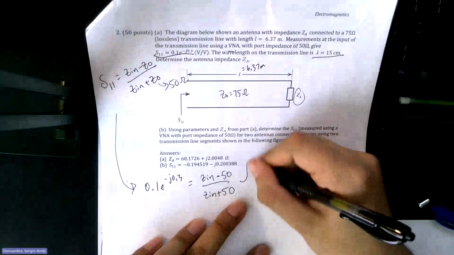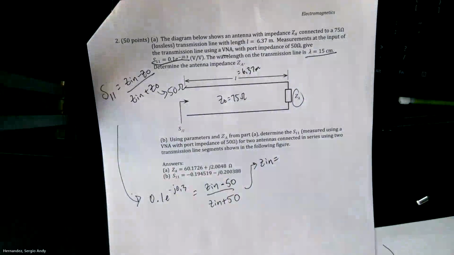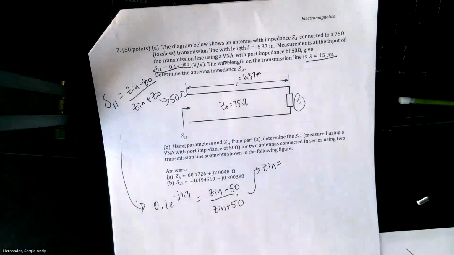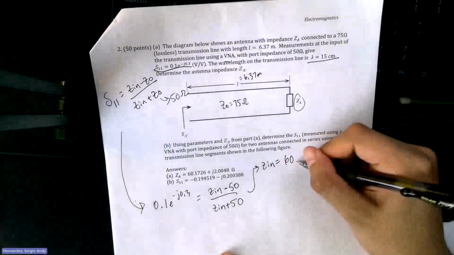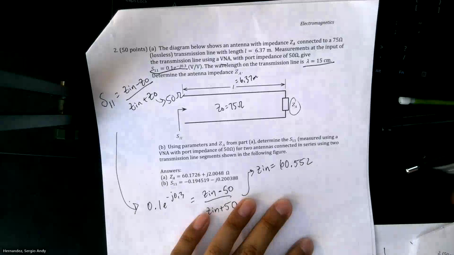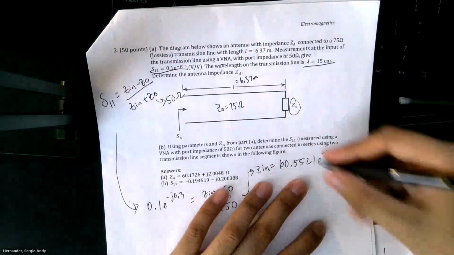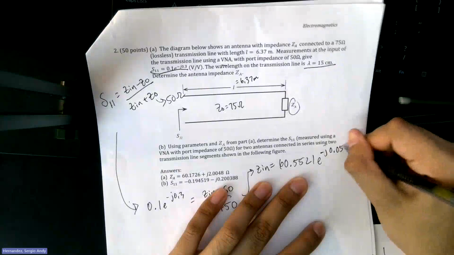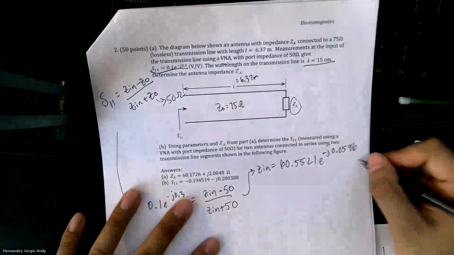And then you're going to obtain your Zn, which is 60.5521 e to the negative j 0.0596 ohms.